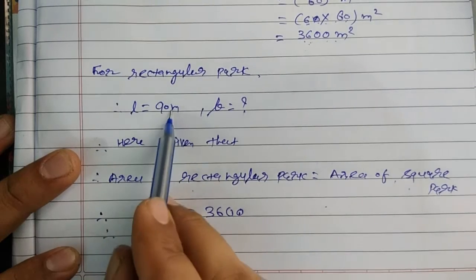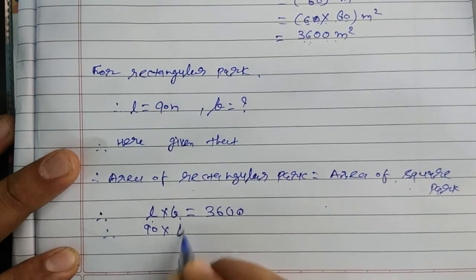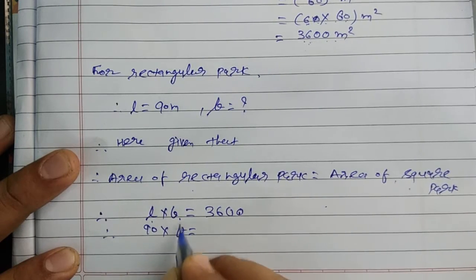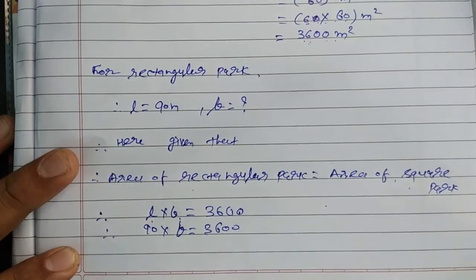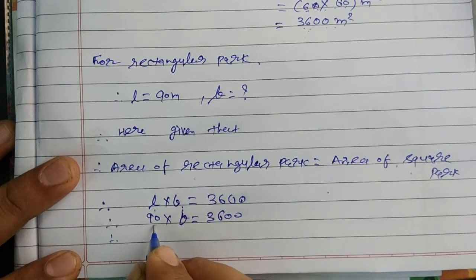Length we have, that is 90 meter, so here we will write 90, and breadth, which we have to find, so here we will write B, that is equal to 3600, and therefore here we will remove this 90 from the left hand side.